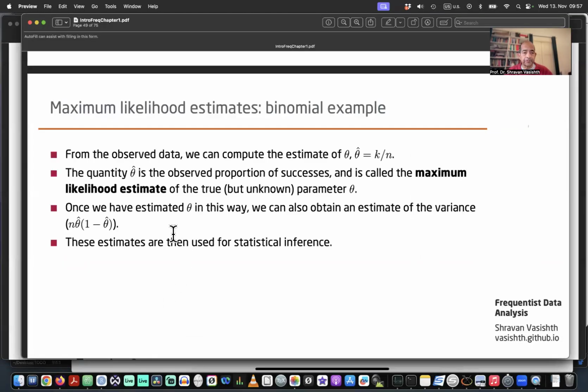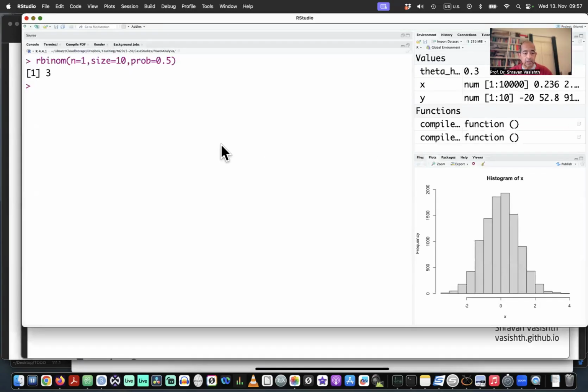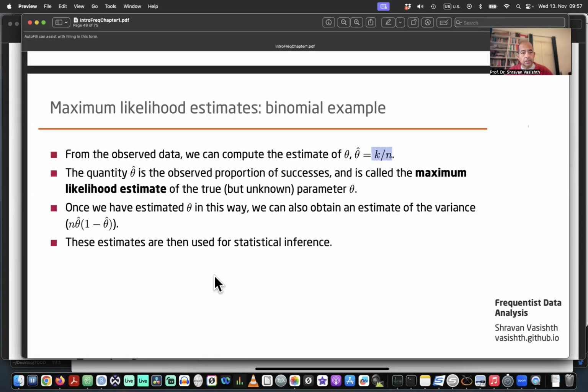3 successes. Once I have that number of successes, I can compute an estimate of the theta parameter from the observed data. In this particular case, my estimate of theta would be 3 over 10. This quantity, theta hat, that we are computing, 3 over 10 in my particular example, is the observed proportion of successes. And this number is called the maximum likelihood estimate of the true unknown parameter theta.